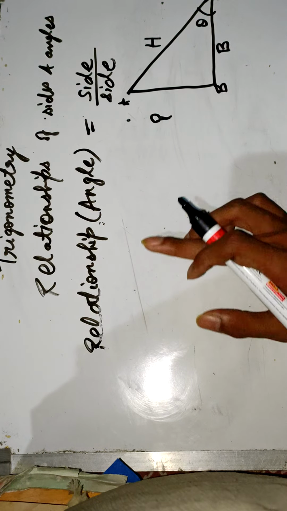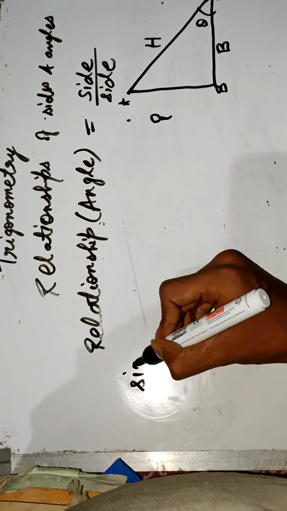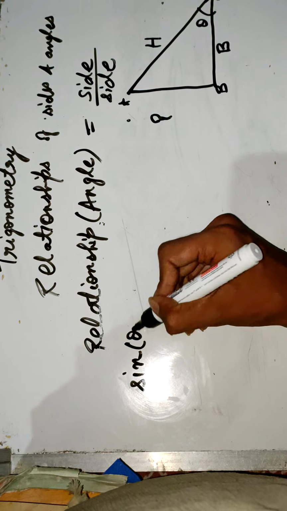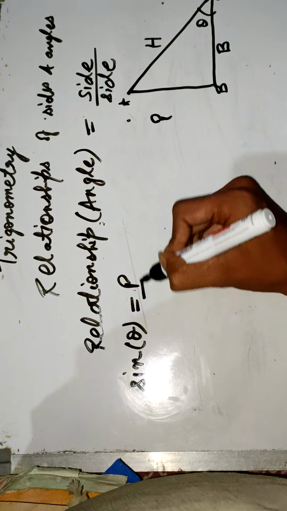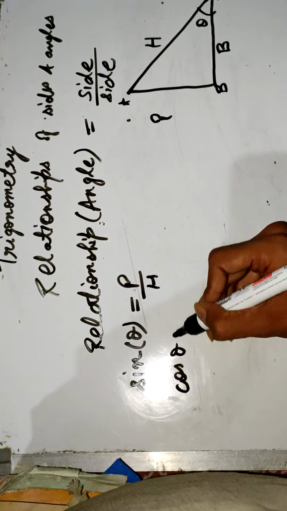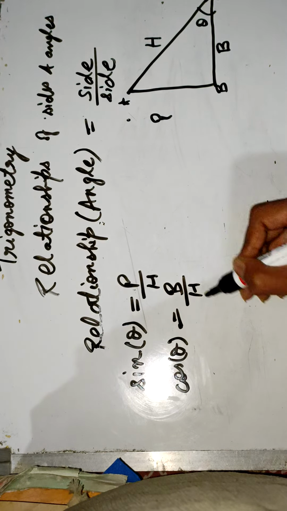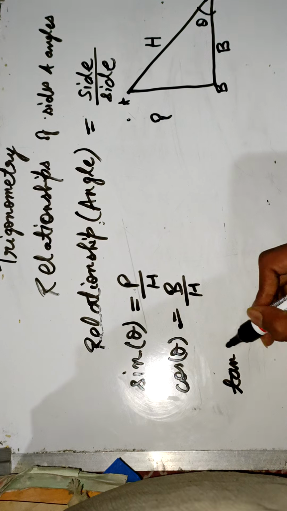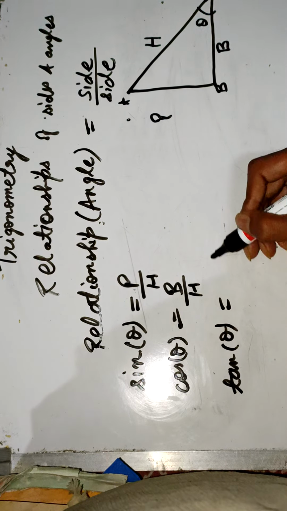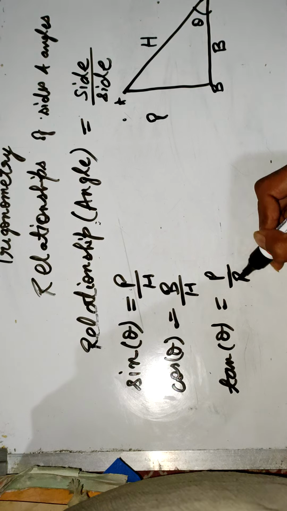Now the basic six functions of trigonometry are what? Sine theta is equal to perpendicular upon hypotenuse. Cos theta is equal to base upon hypotenuse. Then tan theta is equal to sine theta upon cos theta, that is equal to perpendicular upon base.